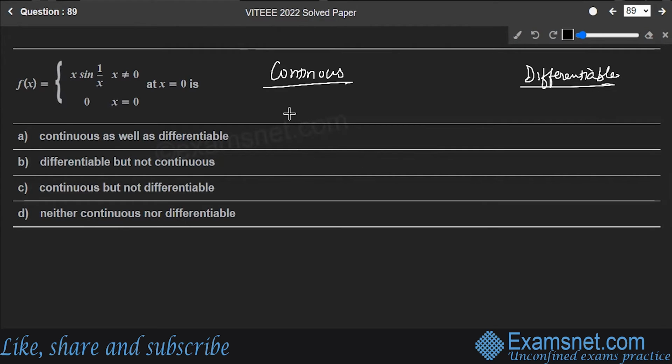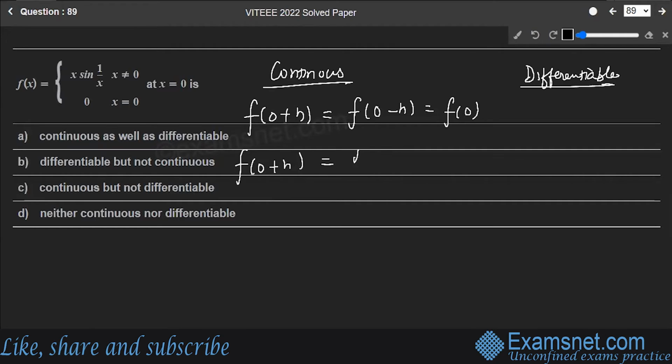If I talk about continuity, if it is continuous, then f(0 + h) should be equal to f(0 - h), which should be equal to f(0). f(0 + h) is equal to the limit as h approaches 0 of h sin(1/h), which is 0 times a finite quantity. That means this is equal to 0, simple.